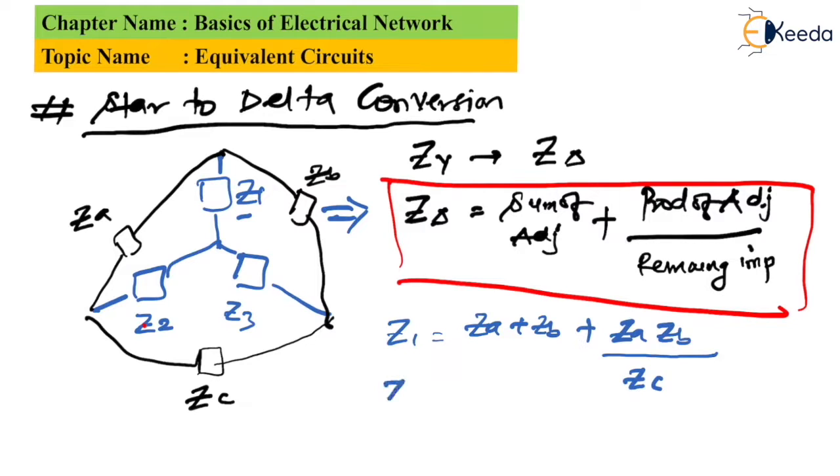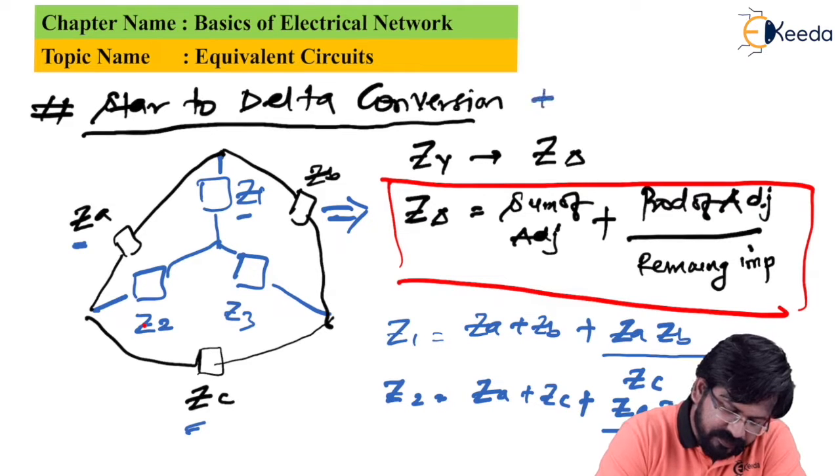Similarly, I can write Z2 value. For Z2, ZA and ZC are adjacent impedance. So I can write ZA plus ZC plus product ZA, ZC divided by remaining. Now in this case, remaining is ZB. Whereas for Z3 also we can go for the similar formula.